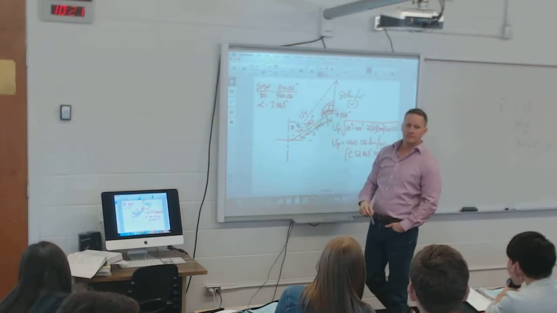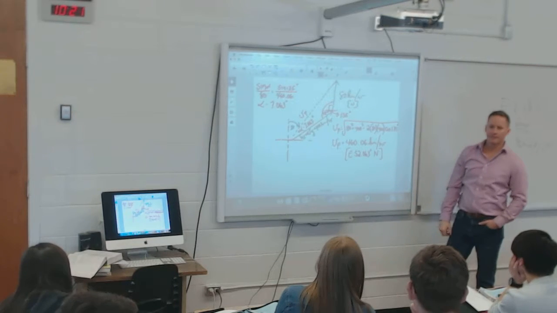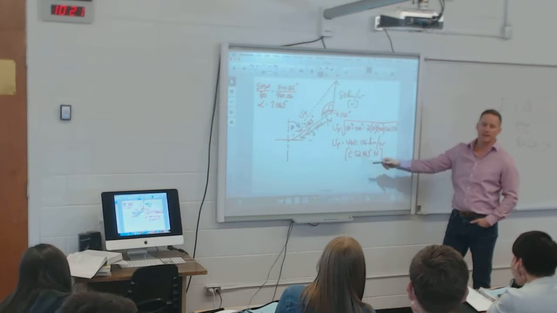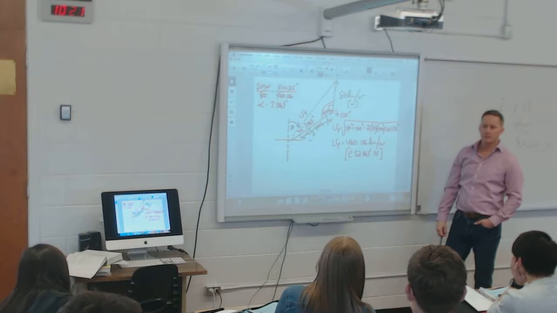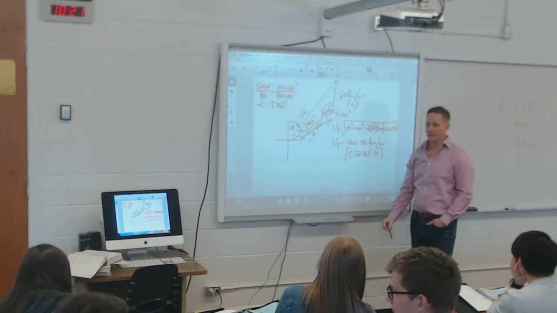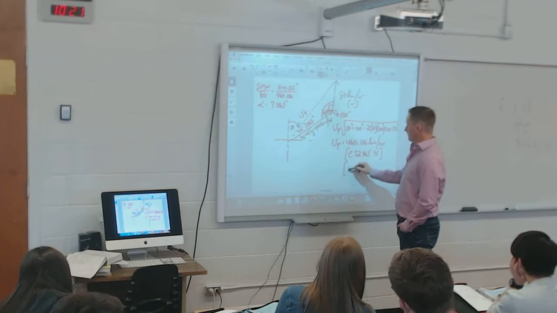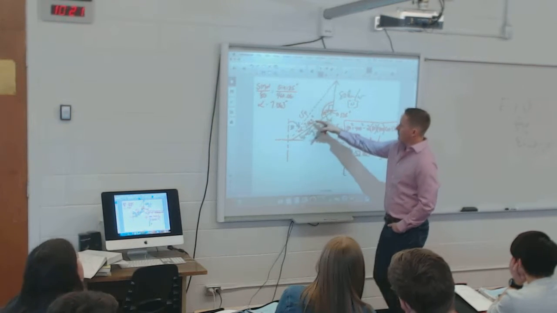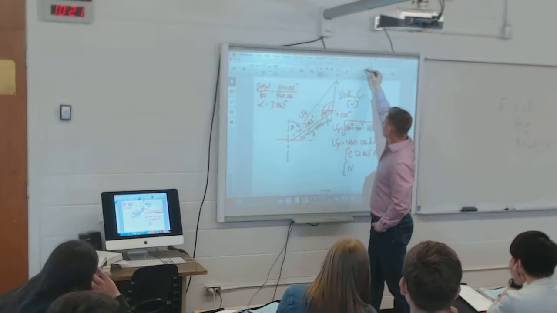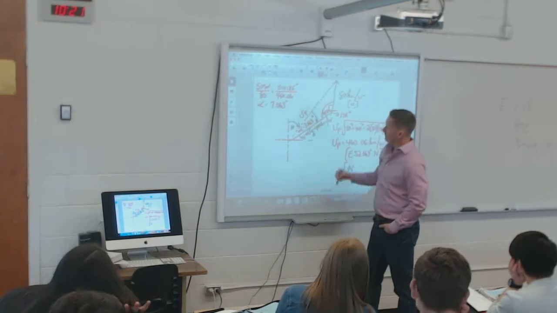Just do 45 plus 7.063. No, I would take 90, subtract that value. You don't follow. This 7.063 is from here to here.